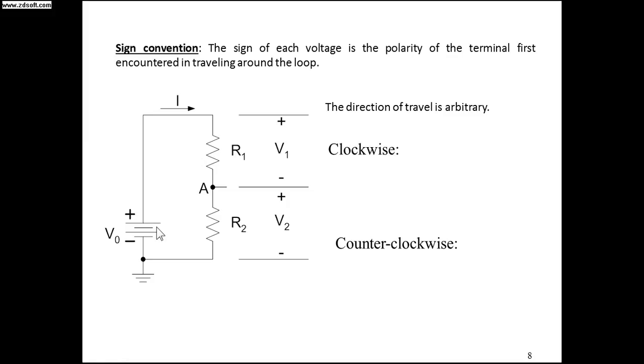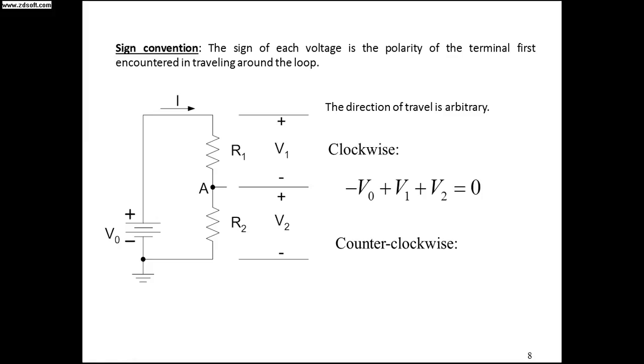Let us consider this series circuit. R1 and R2 resistors are connected in series with the voltage V0. V1 is the voltage appearing across R1 and V2 is the voltage appearing across R2. Since these two resistors are in series, the same current I flows. Let us first consider the clockwise direction.